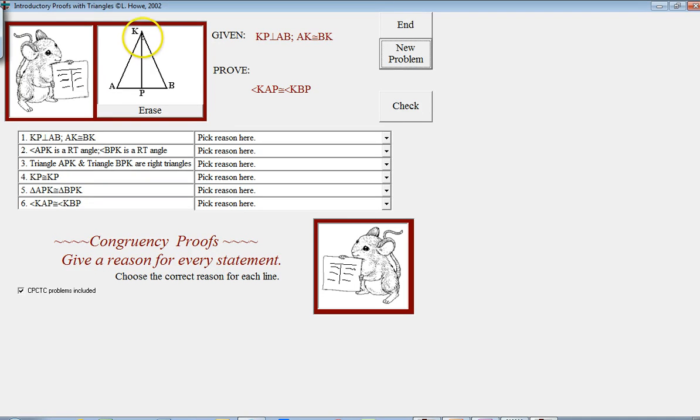I see an overlapping pair of triangles. I think that given KP perpendicular to AB, so here's some given information here. And we're asked to prove KAP is congruent to KBP. So we know that given is always in this position. We know that that which we set out to prove is always in this position.